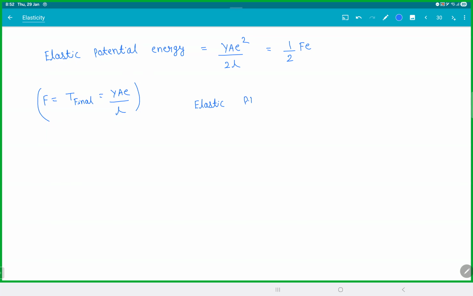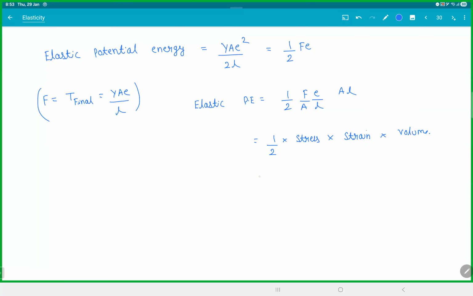You can also divide by area, multiply by area, divide by length, and multiply by length. Then we have half, F by A becomes stress, E by L becomes strain, A into L becomes volume.